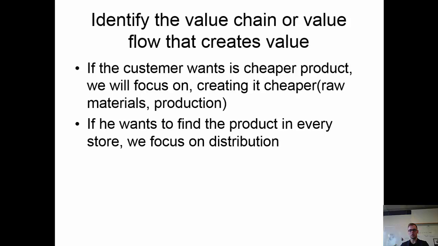Not caring if the product can be purchased in every store, just caring that the product is the cheapest. It can be sold in one store in the city, but it will be the cheapest because we know that the customer focuses on buying it the cheapest.